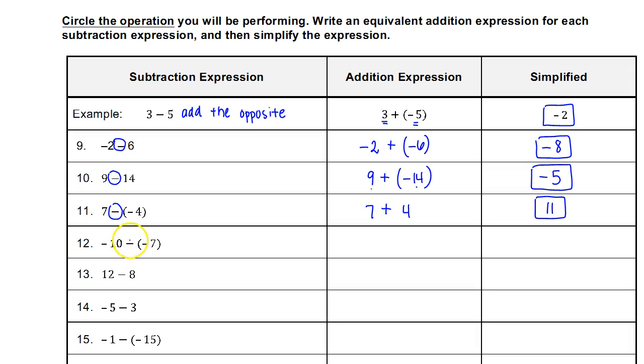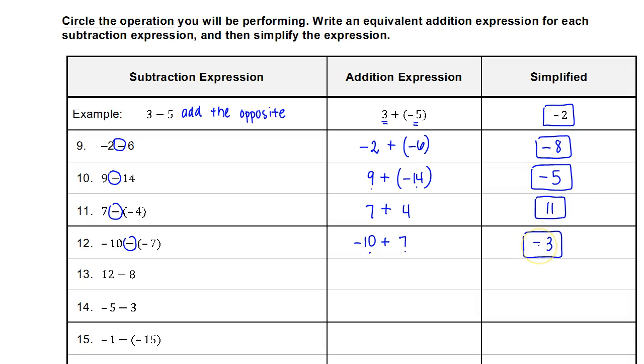For number 12, I'm subtracting and I'm going to start with my -10 and then rewrite this as plus the opposite. So it becomes plus +7 instead of minus -7. Of course, these 7 positives will take 7 negatives away, and that will leave us with 3 negatives.